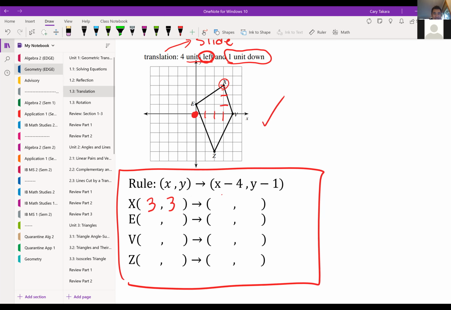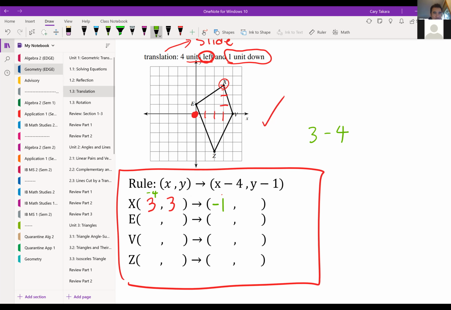Everybody okay on that? Now, let's figure out the new location of x. If you shift 4 units to the left, that means you're going to subtract 4. So you're going to do 3 minus 4. And that's a -1, isn't it?